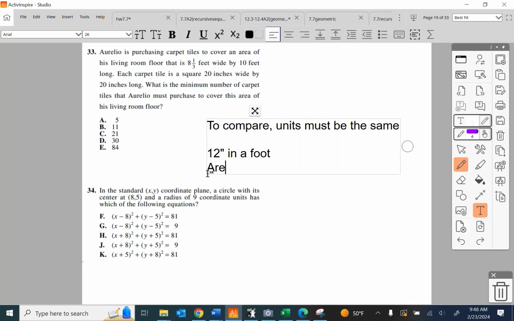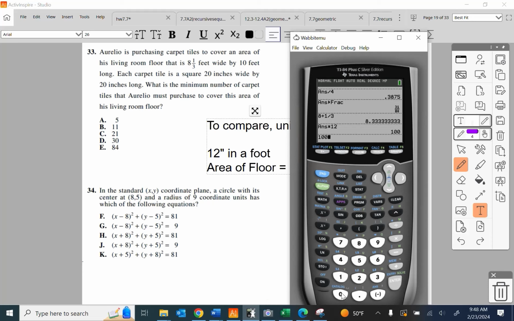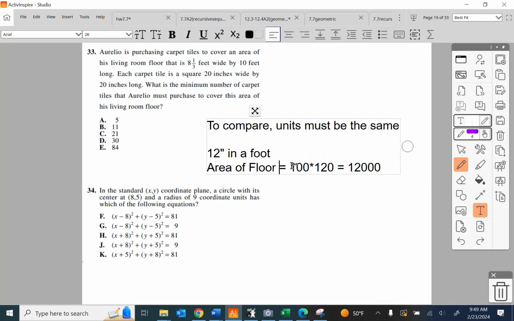So the area of the floor is 100 inches times 120 inches, which, boy, I'm tired. I think that's right. Like I said, tired. There we go, 12,000. That's what I wrote, good.